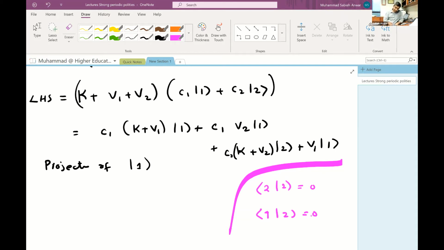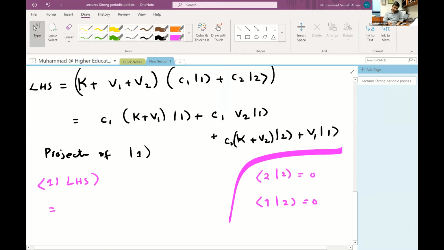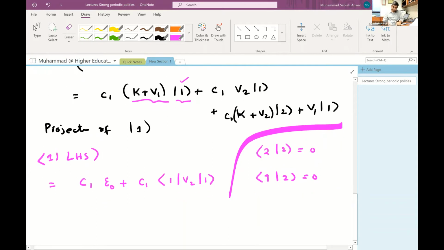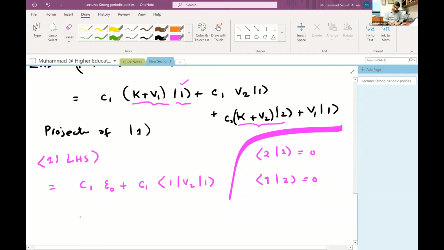So if you take the projection of the left hand side on ket1, which means we form the inner product of the left hand side with bra1, what we get is this. When this Hamiltonian acts on one of its eigenstates, we simply get the energy E naught. And the overlap of ket1 with itself is 1. And this term gives me C1 bra1 V2 ket1. Likewise, this term is going to give me C2 epsilon naught.